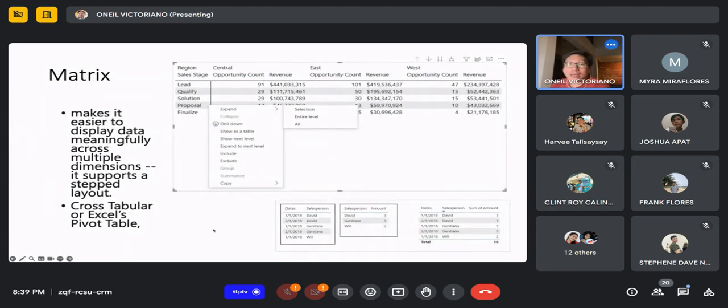So let's have a quick look at the different components. So metrics in Power BI. So these are cross tabular. So these are examples of cross tabular: certain regions for certain locations. So this is a pivot table, or cross tab in Tableau.